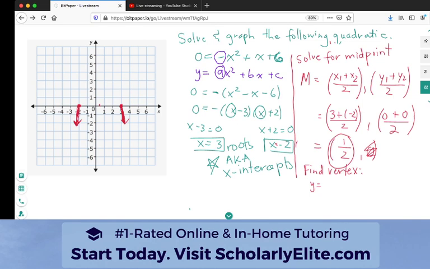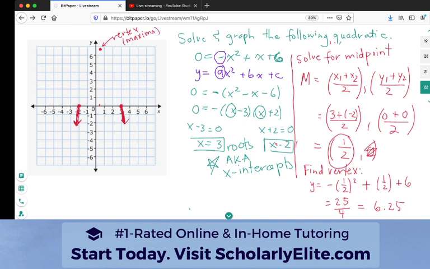We're plugging in our x's, and it's simple enough. We just have to do this, plus 1/2 plus 6, and that's going to get us 25 over 4, which is also 6.25. And that means that at 1/2 and 6.25, I've got the vertex, which is a maximum.